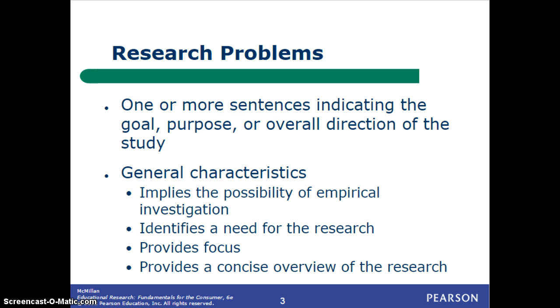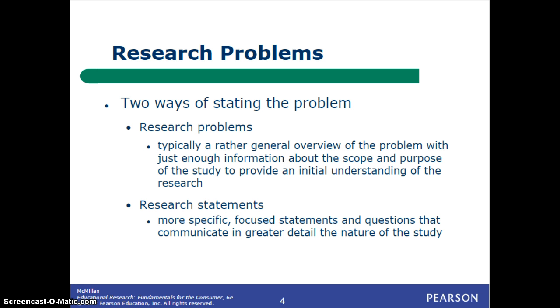A research problem statement implies that there's some possibility of engaging in an empirical investigation to uncover some aspect of the research problem. It provides a focus for our study, it identifies a need for the research, and it provides a very concise overview of the research project.